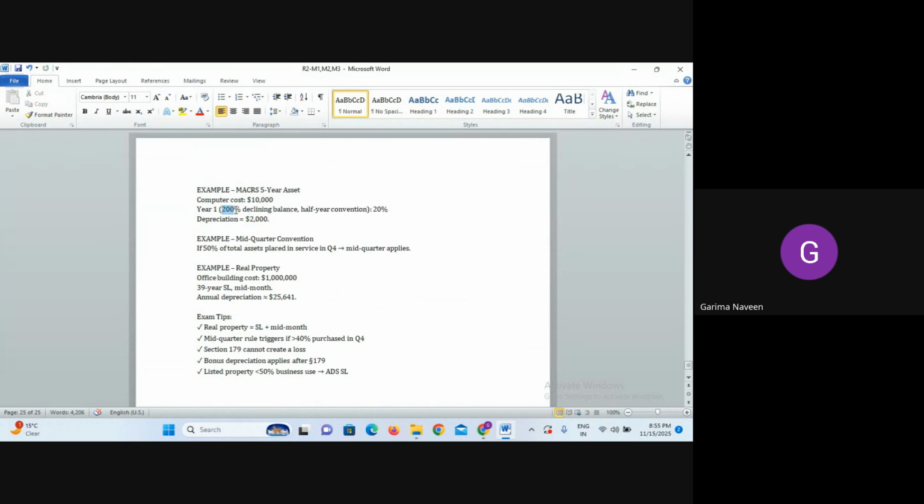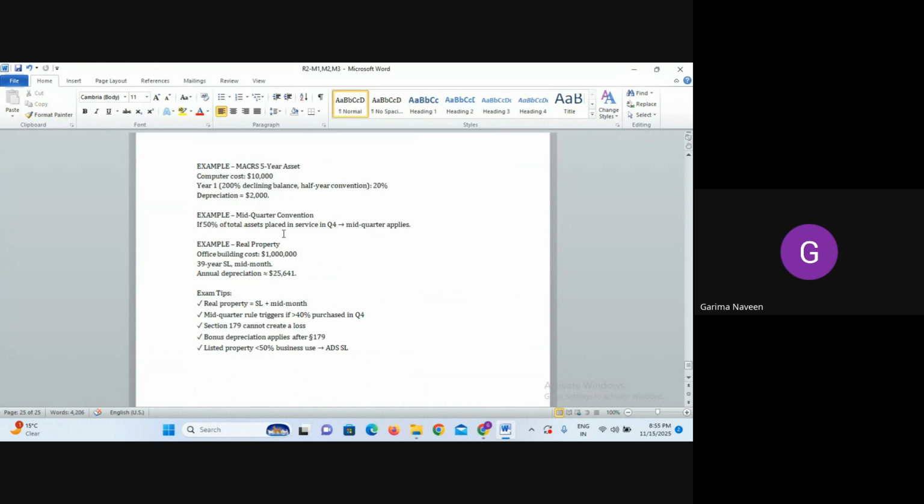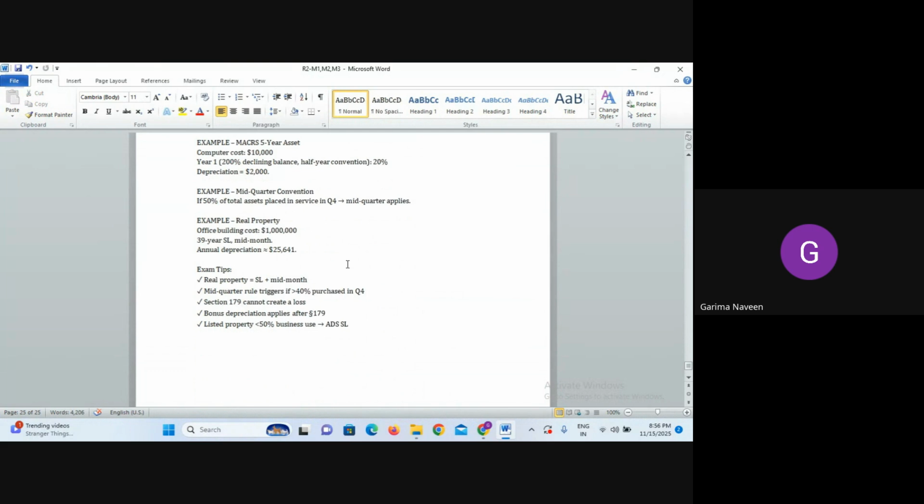Okay, and 200% depreciation will be applied on this computer. So if you calculate the depreciation, it will come around $2,000. But if you have placed multiple computers or even a single computer in quarter 4, or if you have multiple assets, then you have to calculate whether you are putting more than 50% of assets in quarter 4, then you have to use the mid-quarter convention.